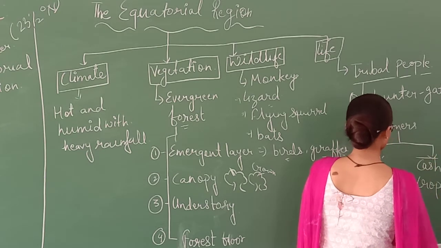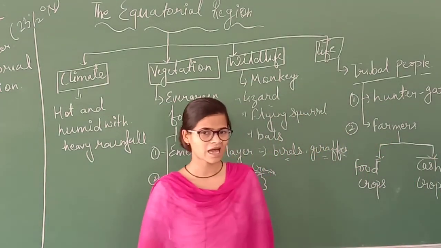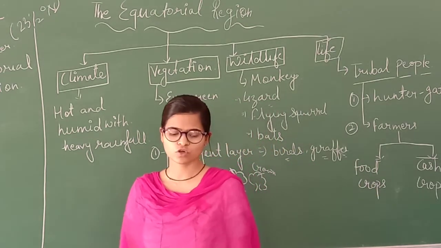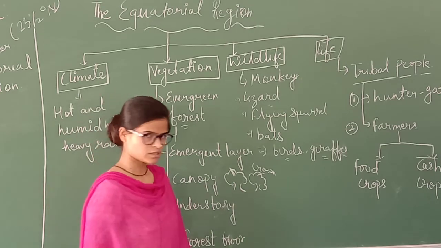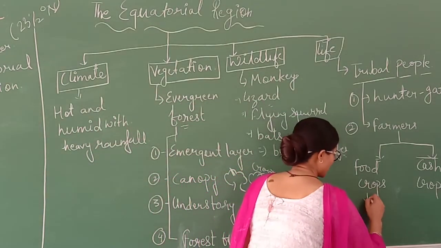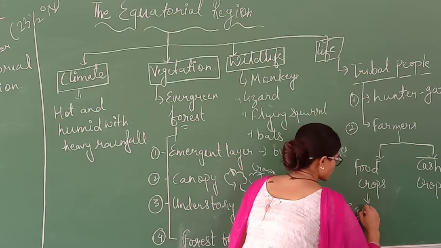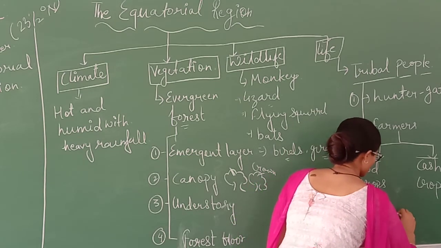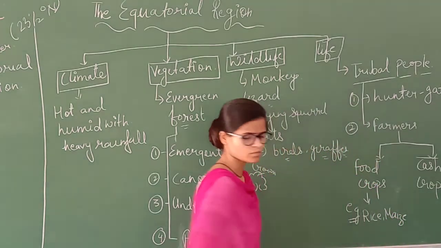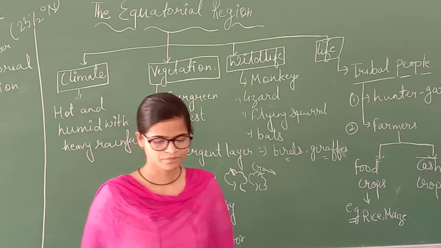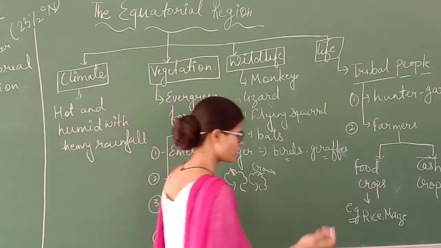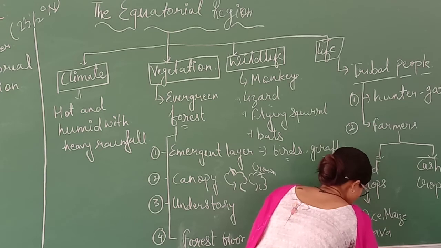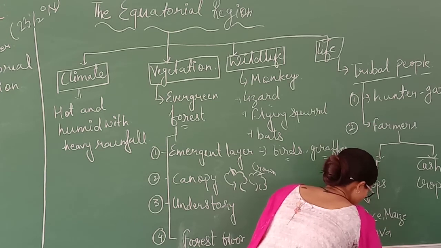I know in 4th class you have already learned about food crops and cash crops. Food crops are rice, maize, and you have cassava. This is a new crop you will find here.